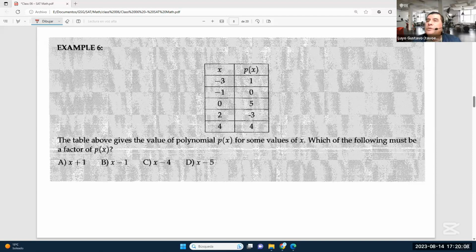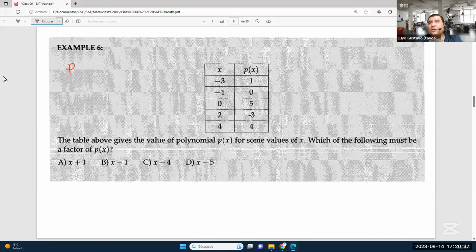Okay, so how do we do this? They tell me the values for a polynomial p of x for several values of x, so we don't have a clue of what the polynomial is. And they tell me to find one factor of such polynomial. Well, what does the remainder theorem say?